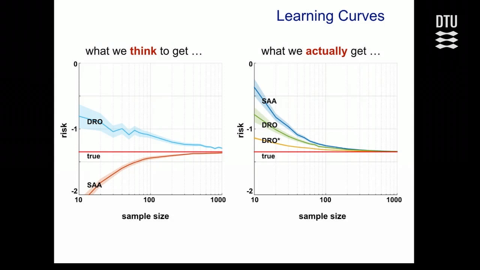There's also a yellow curve which performs super well, right? That is when I would actually cheat and give the distribution robust optimization an infinite number of so-called validation samples that it can use to tune the radius. So I only give it n samples to solve the problem, but I give it an infinite number of samples to tune the parameter, which you can't do in reality, right?